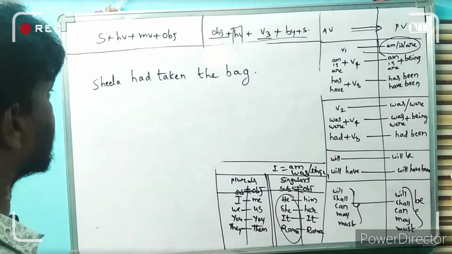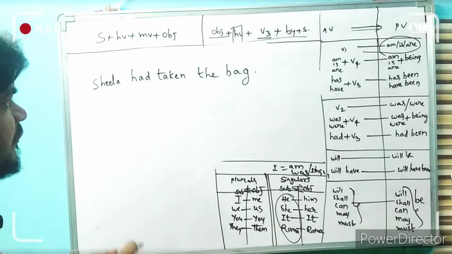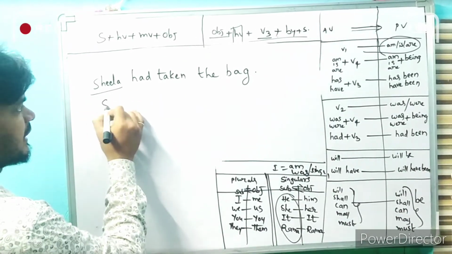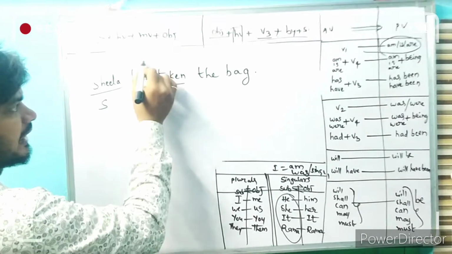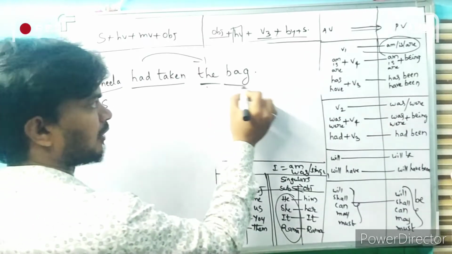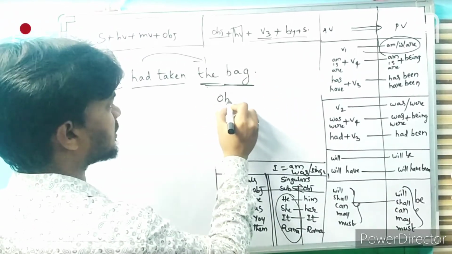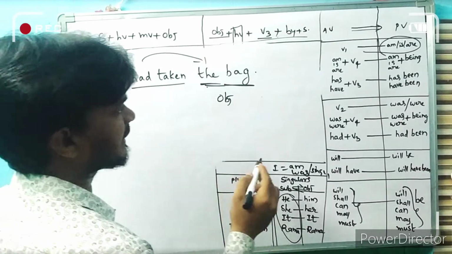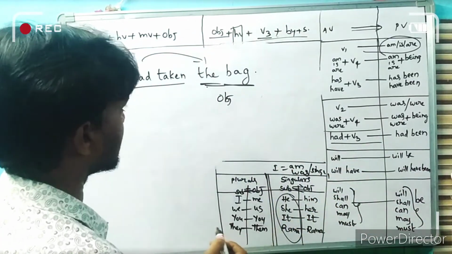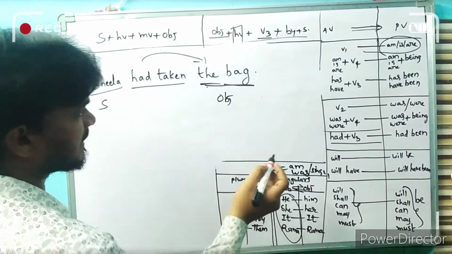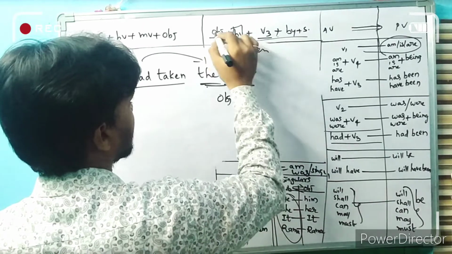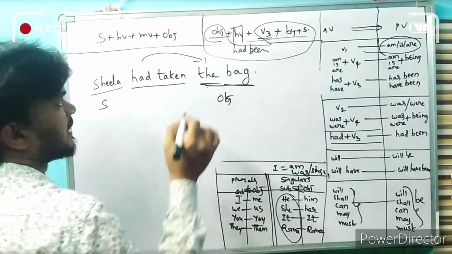Next sentence, Sheila had taken the bag. If we take this sentence, who is the doer? Sheila is the subject, had taken is the verb part, and immediately we see the, which is an article, so here we have a noun form. So this is the object of the sentence. Had taken is had plus V3, so this is past perfect tense. In passive voice, we know the helping verbs will be had been. So just write this structure and you will get the answer.